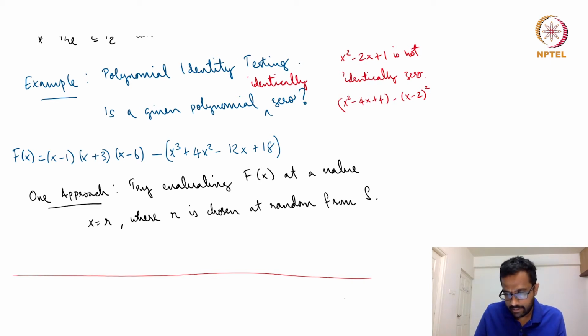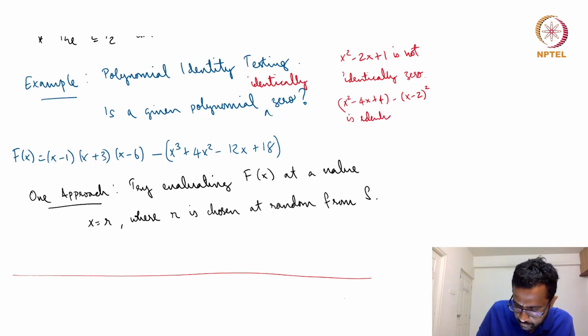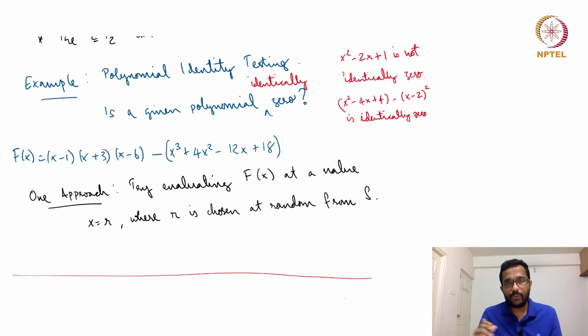If you expand the second term, (x minus 2) squared, you get exactly the same expression as the first term, and so they cancel out. So this is identically 0. It should always be equal to 0 no matter what value you assign to x. That is what identically 0 means.